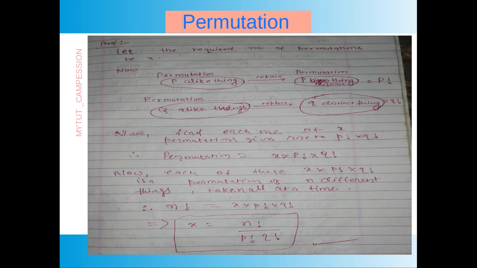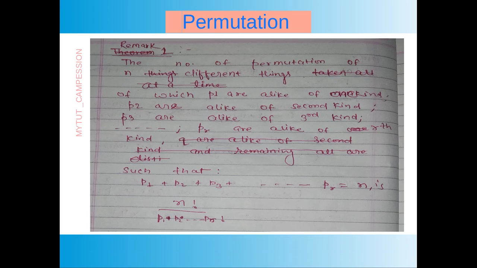We know that the permutation of n different things taken all at a time is n factorial. Therefore n factorial equals x into p factorial into q factorial. So x equals n factorial divided by p factorial into q factorial. Hence proved.